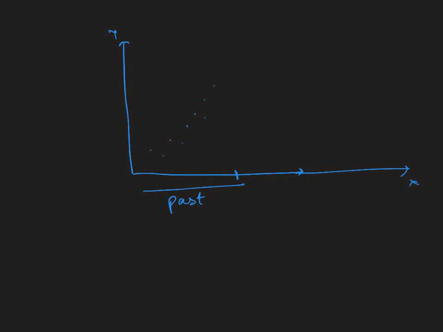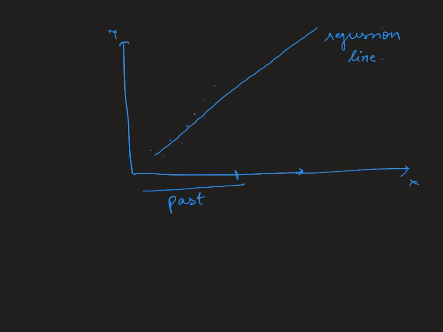I can kind of guess how they're going to react in future. So I say, this has been the trend, so this is how it's going to be. This is my regression line, which has guessed the coming observations based on my previous ones. That's a regression line.